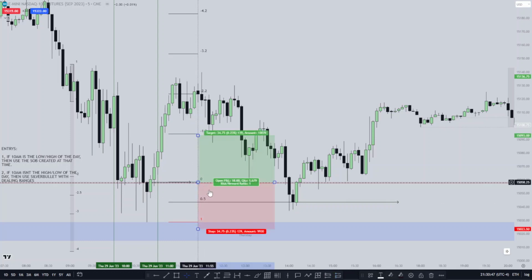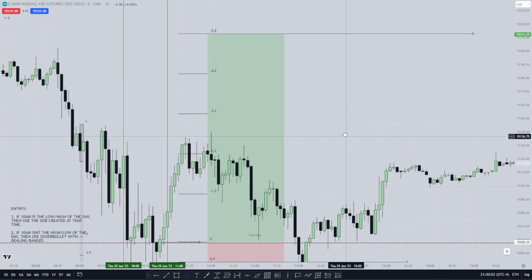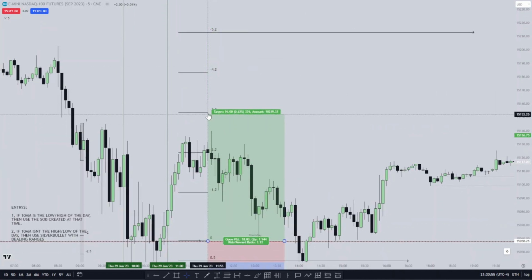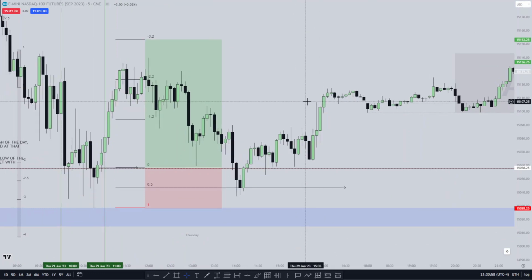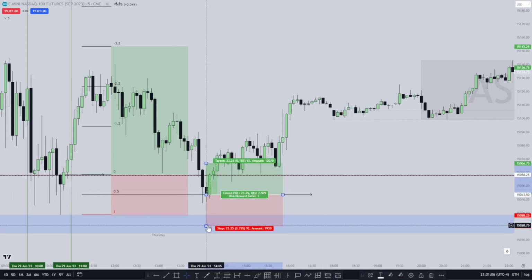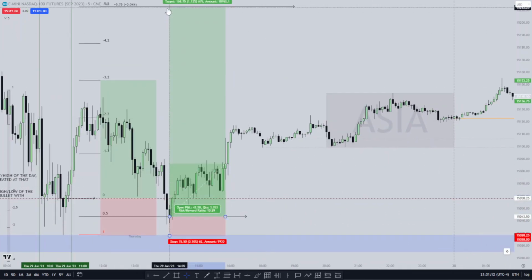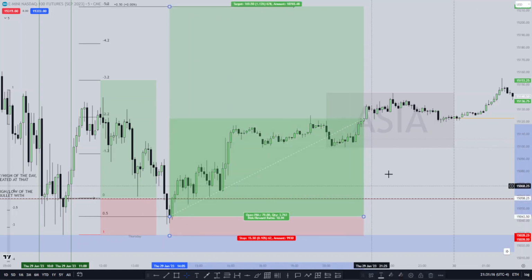For a long position, you hold this long. Your long would be up here at 3.2. And then for this second entry, long position from here, stop loss down here, B to 5.